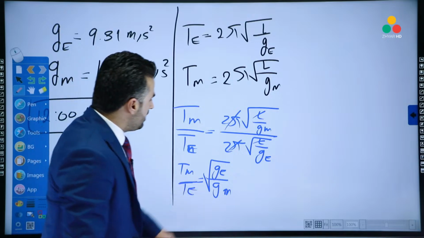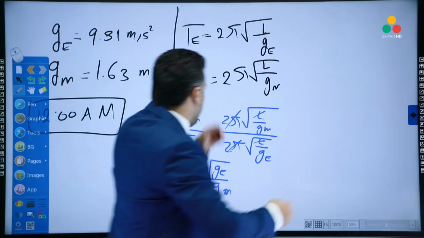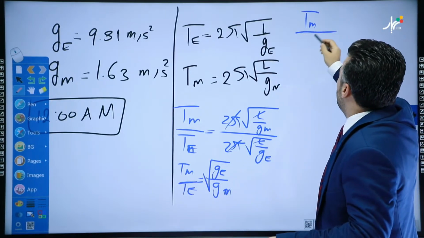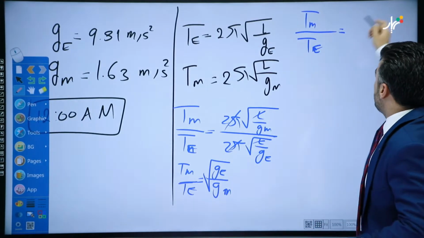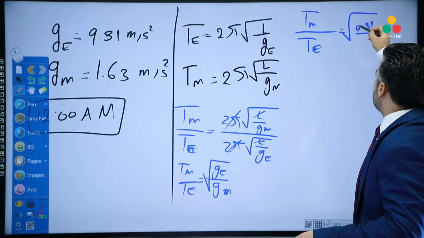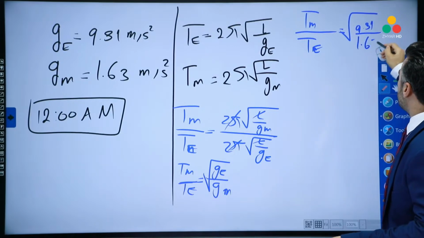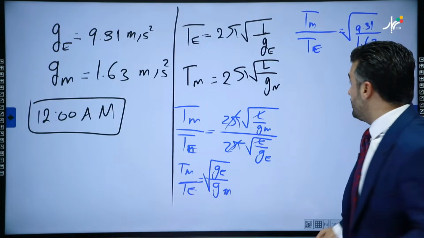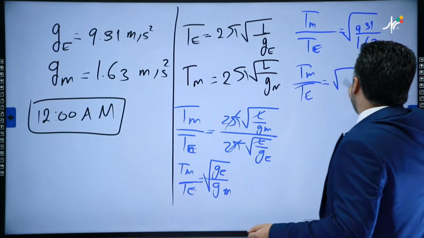So if you plug in the two numbers, the moon's period divided by Earth's period equals the square root of 9.81 divided by 1.63. Once you divide the two, you will get the square root of 6. So T of the moon over T of Earth equals the square root of 6.